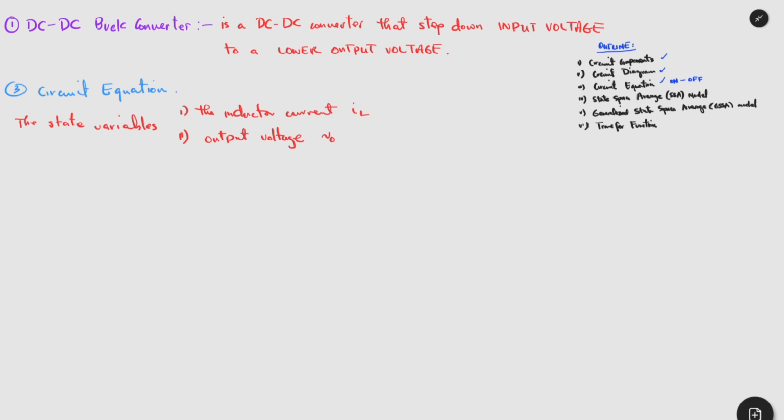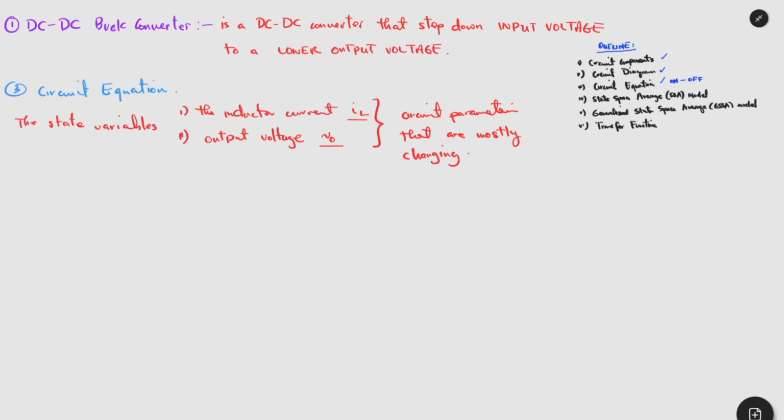Why do we need state variables? If you look at the state variables, those are the circuit parameters that are mostly changing. So as the buck converter operates, we will see a change in the inductor current and the output voltage.